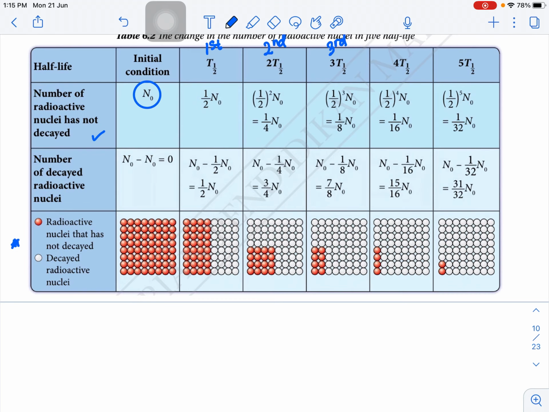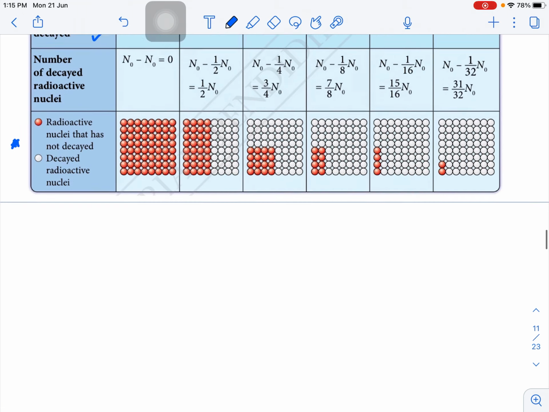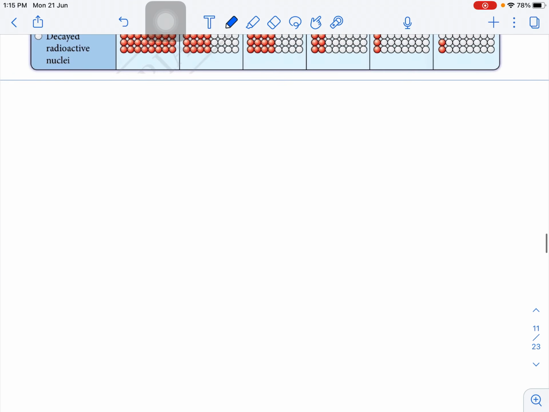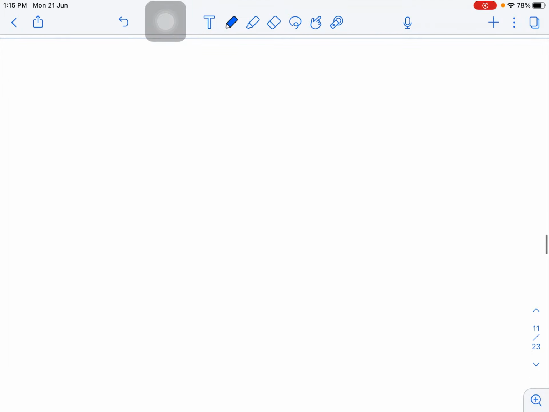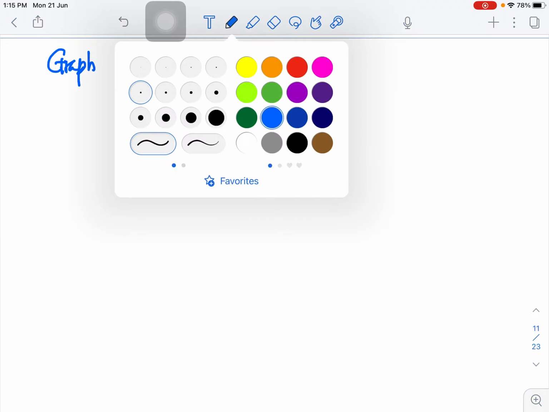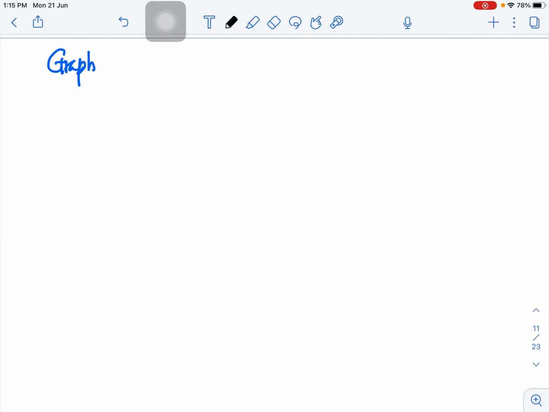So that is half-life in the form of mathematical equations. The concept of half-life we can also use in the form of a graph. We can plot or draw a graph. When we draw a graph, we must have two axes.